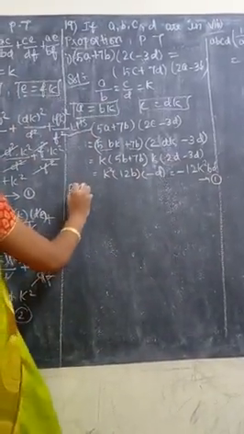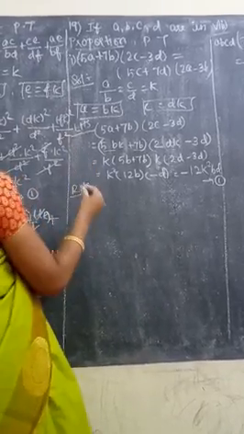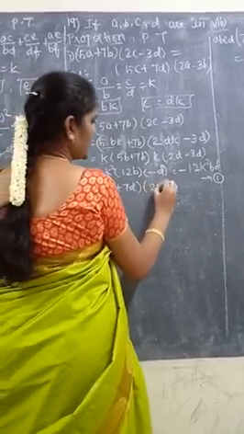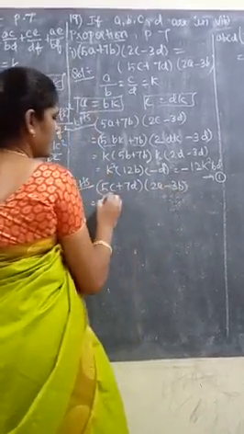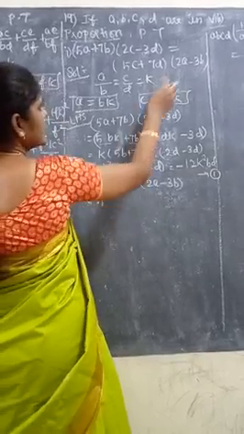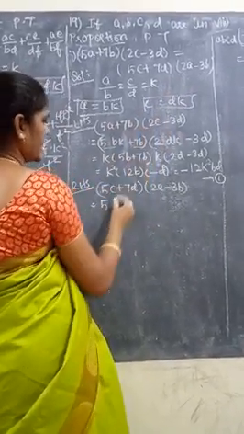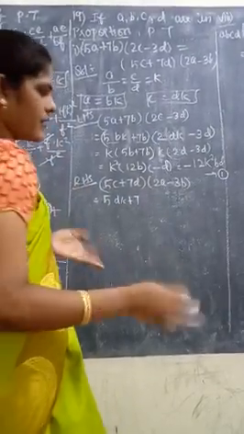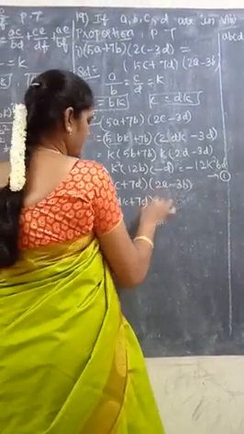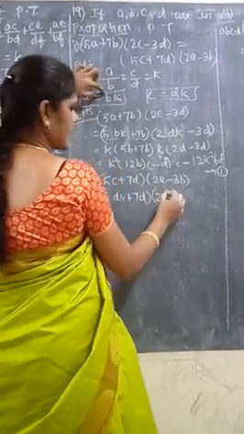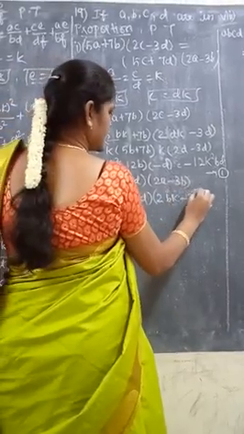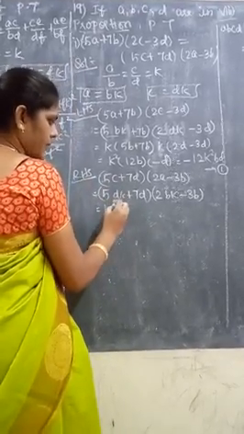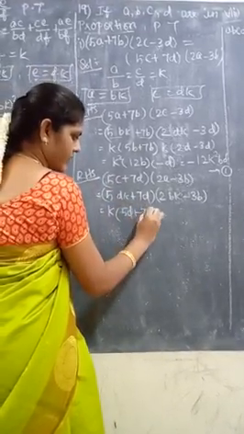Next, come to right hand side. What is right hand side? 5C plus 7D into 2A minus 3B. So 5 into what is C value? DK. So 5DK plus 7D. Next, 2 into what is A? BK minus 3B. Here take D as common, remaining 5K plus 7.